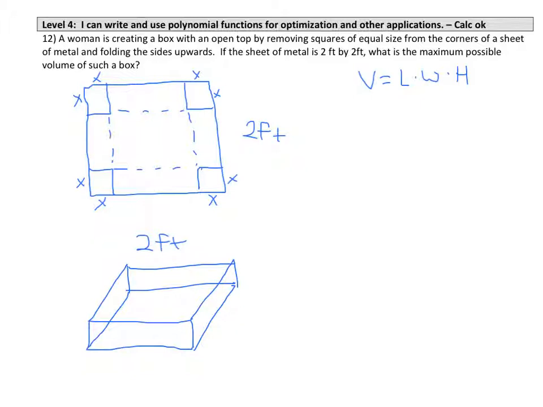Okay, and the height of this box is going to be the dimension of that little square that we cut out, x. And then the length and width, we need expressions that are in terms of x.